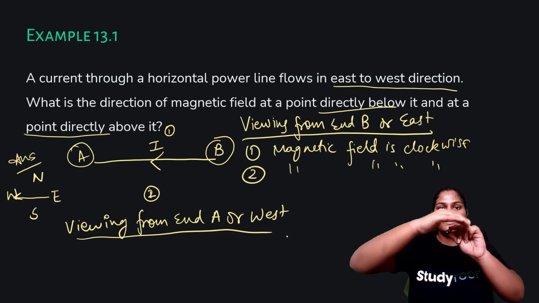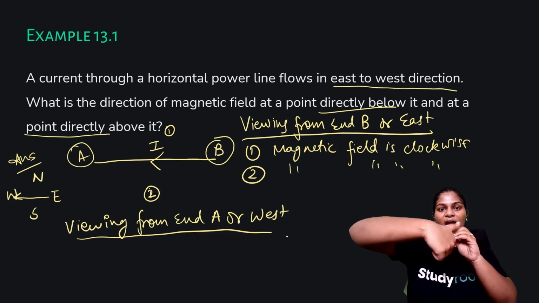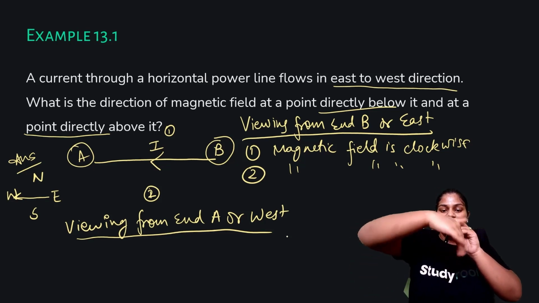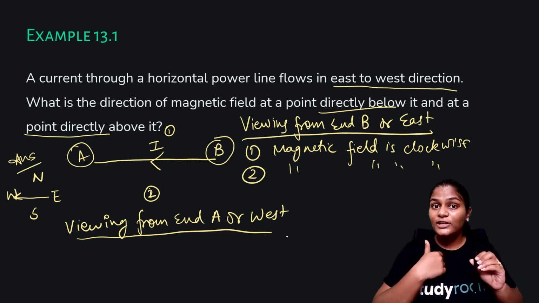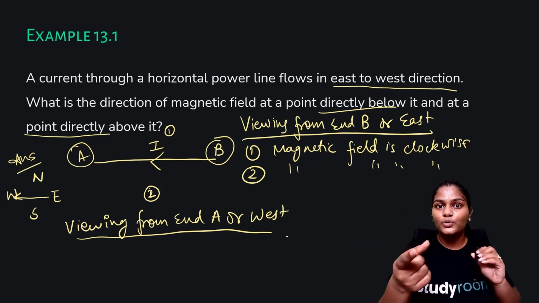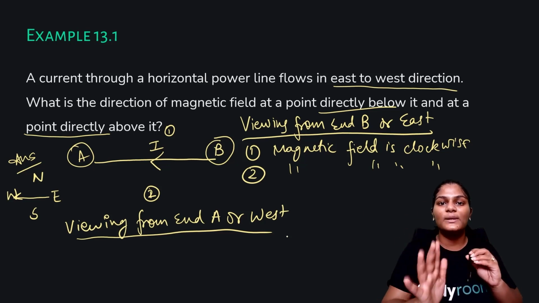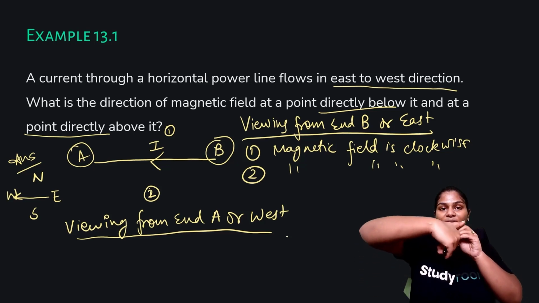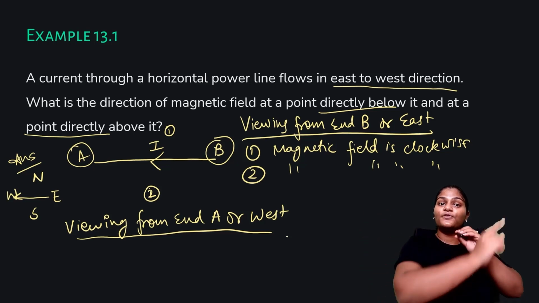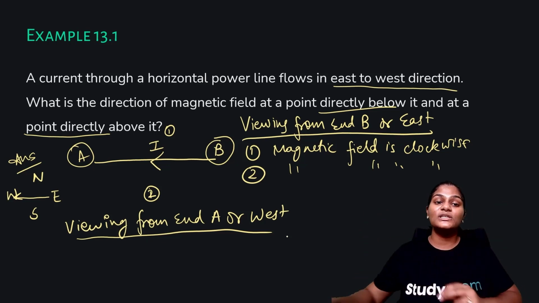I curl my fingers. So what happens? It might be mirrored for you in the camera, so you have to do it yourself and the answers will match. At a point directly below it, I can see it's going from left to right, which is anti-clockwise.